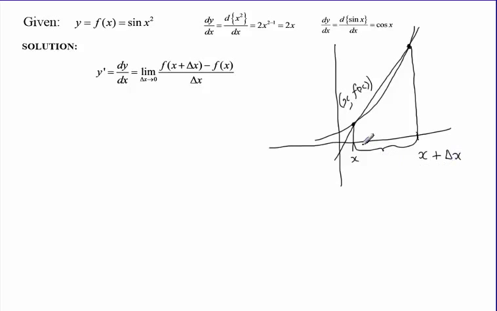What is change in x? This movement from here to there. So this number is x plus this change, in other words, an increase in x. So the point here will be x plus change in x, comma, f of x plus change in x, in brackets. That's the point.